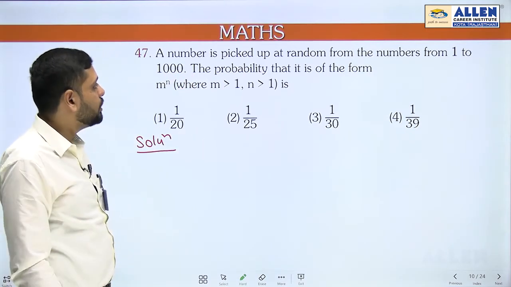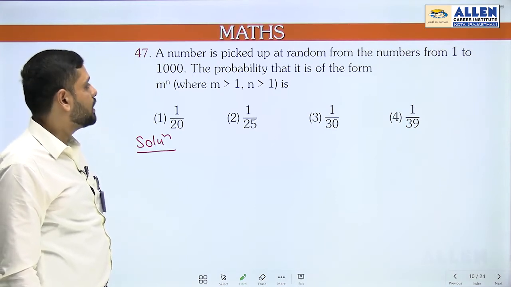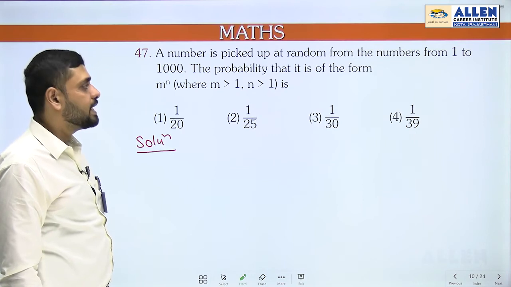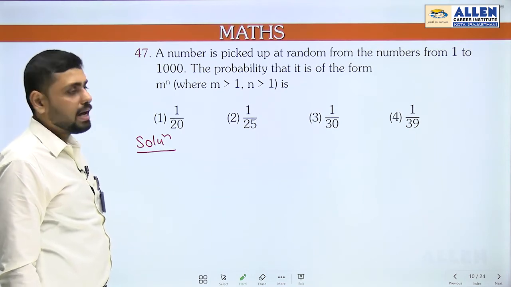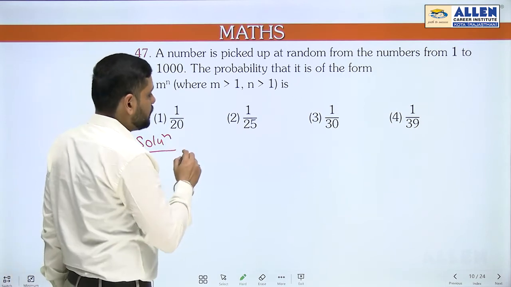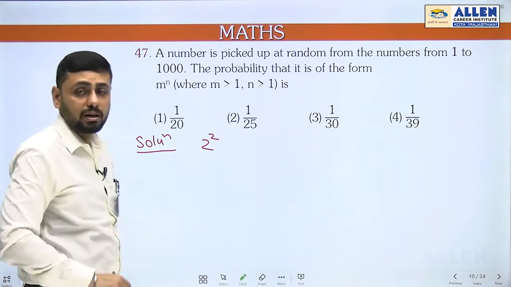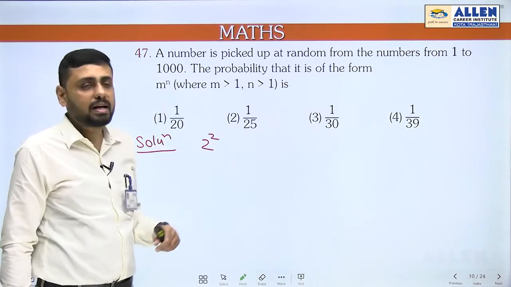So now, how can we do it? A number is picked at random from 1 to 1000, and it is of the form m to the power n, where m is greater than 1 and n is greater than 1. It means we will start with 2 to the power 2, because we cannot take m and n equal to 1.